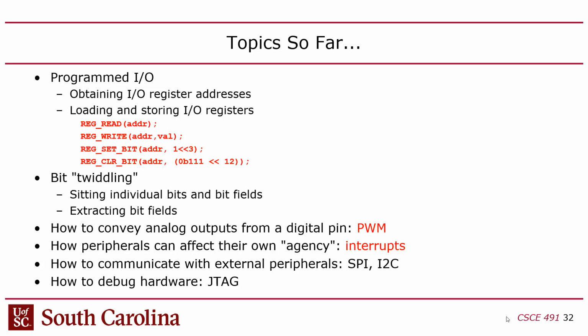And then for clearing, now when you clear, in this case I'm clearing a 3-bit field whose least significant bit is at bit position 12. Now check out this syntax here. What's going on here? Well, this is C, and normally in C you don't have binary literals, right?